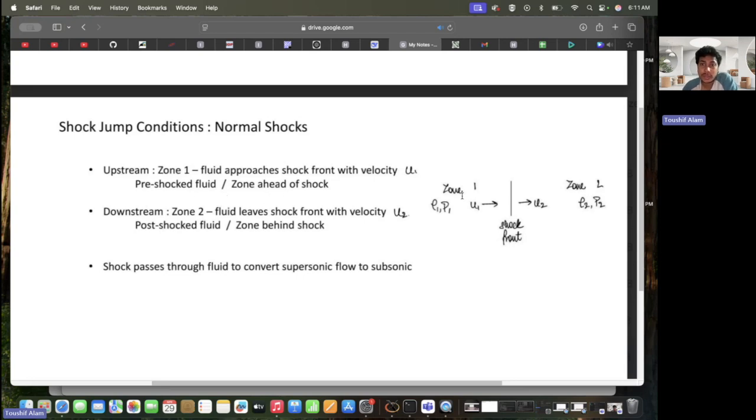You can think of it as behind, but actually because it is ahead of the shock, the shock is not yet generated there. Zone 2 is downstream, where the fluid leaves the shock front with velocity U2. This is the post-shock fluid, or zone behind the shock. The shock passes through the fluid to convert supersonic flow to subsonic.